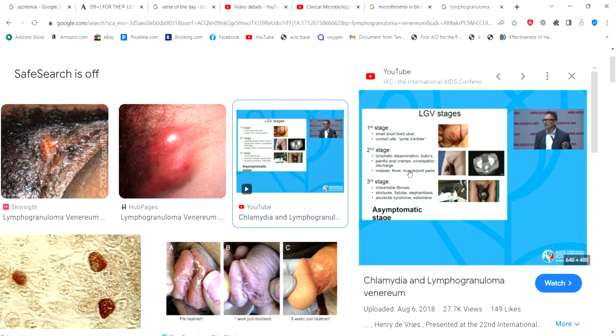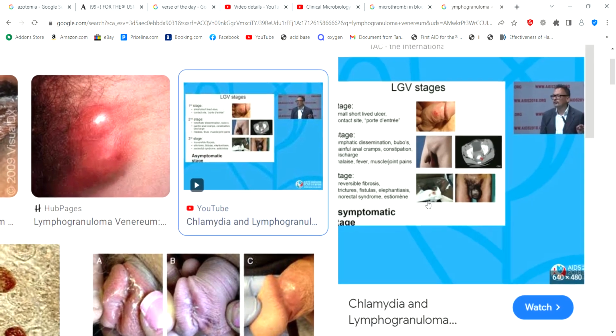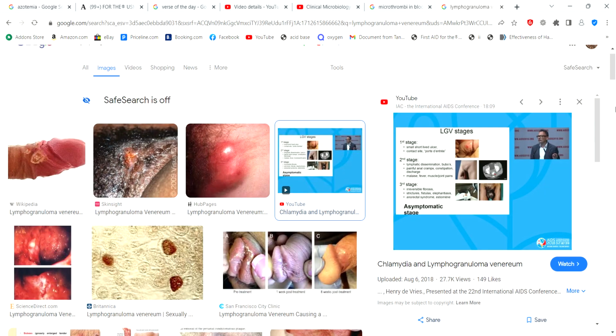The second stage is dissemination through your lymph nodes. Buboes, painful, with cramps, constipation, discharge, malaise, muscle pain, joint pain. Buboes, treat with doxy. The third stage is irreversible fibrosis, strictures, fistulas, elephantiasis, anorectal syndrome. What is that? I don't know what that is. You don't have to know that now.